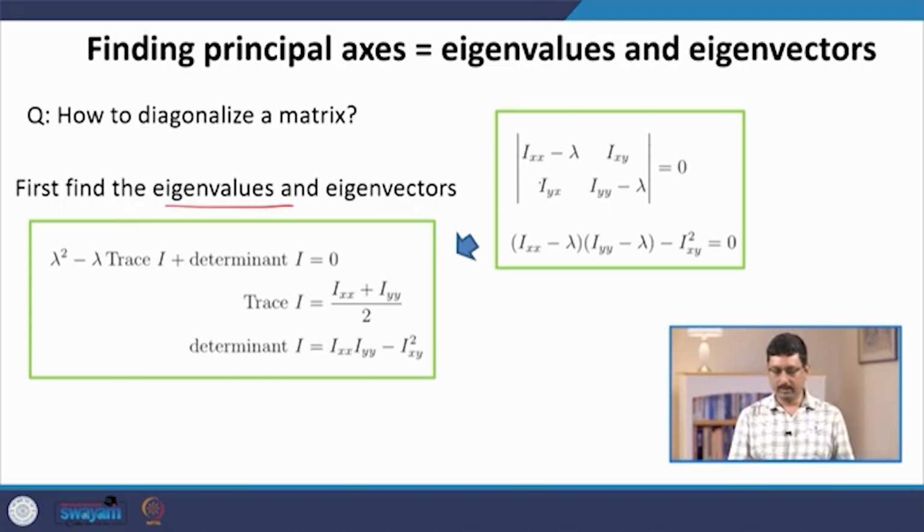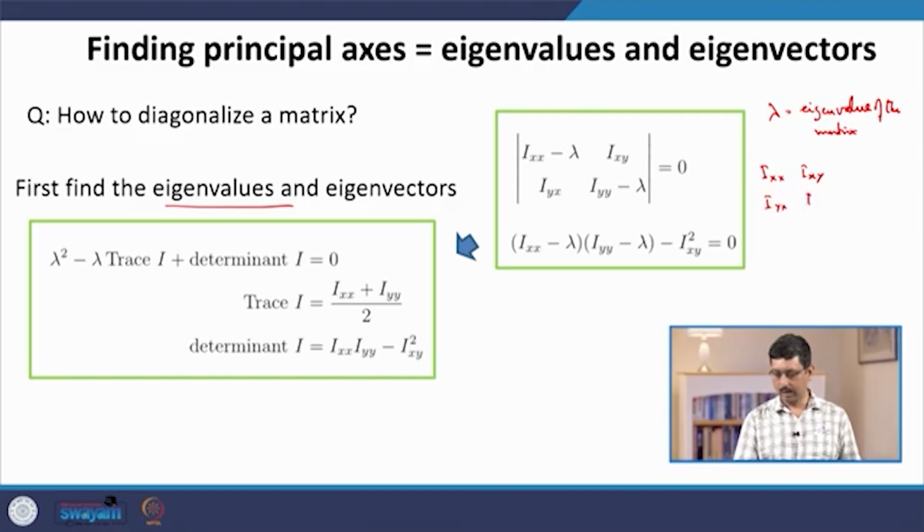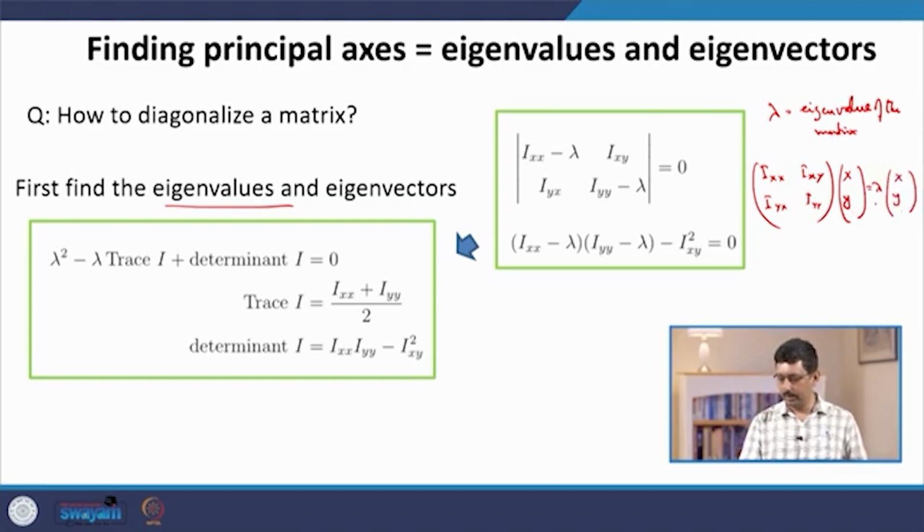So, you take this matrix and suppose lambda is an eigenvalue of the matrix. It satisfies this particular equation: the matrix with entries Ixx, Ixy, Iyx, Iyy, times some particular vector which we denote as (x, y), is lambda times the same vector. So, this is the eigenvalue and this vector is called the eigenvector.